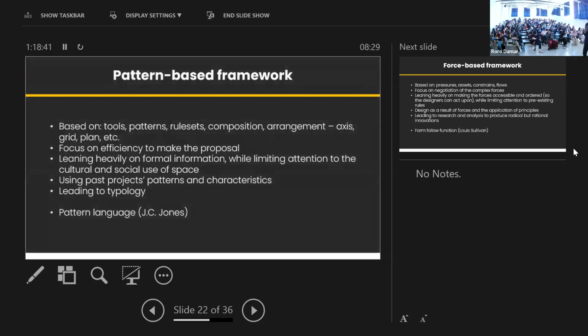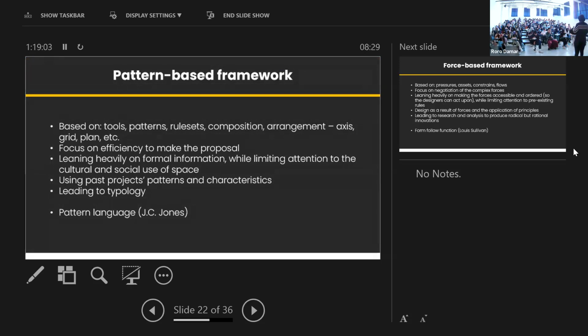Pattern-based is based on tools, patterns, rule sets, composition, arrangement. In architecture we call it typology-based. So for each typology that you did in the class, you collect precedents for different typologies.